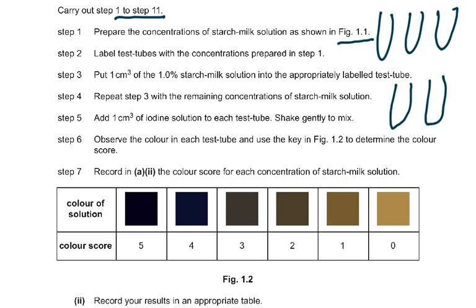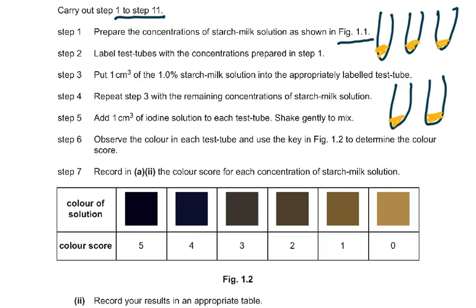Put 1 centimeter of starch solution in each. So you put 1 centimeter cube of the starch into the appropriate labeled test tubes, right? And then you repeat with the remaining concentration of starch. So you have them in all the 5 test tubes.